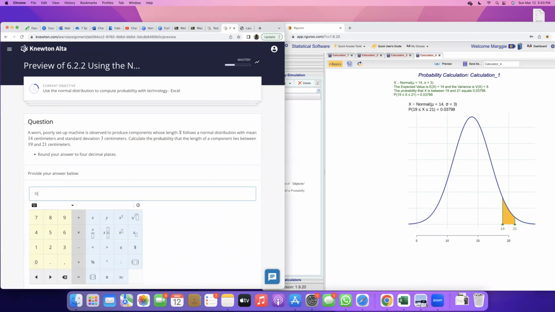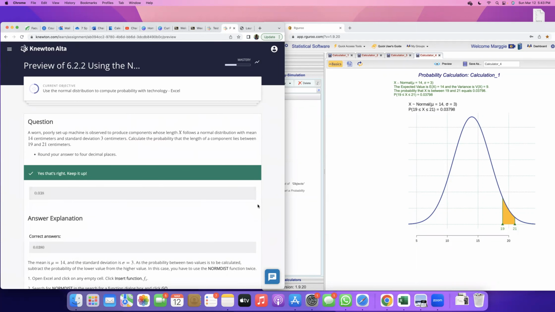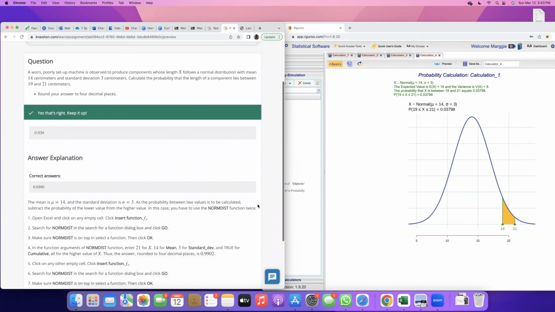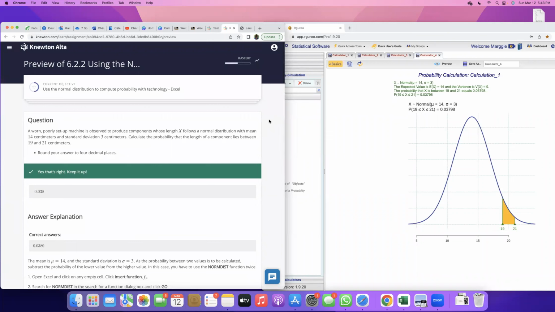And it says to round to 4 decimal places. So I have 0.0379, so that's going to be an 8. All right. So this is how you use RGuroo to find probabilities or values depending on what you have.